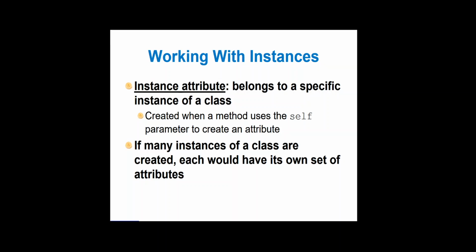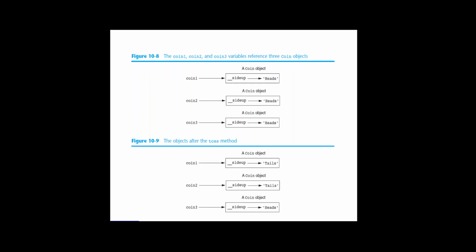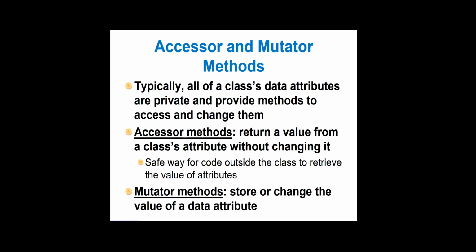Not all students have the same name, and it's impossible for students to have the same enrollment number. So that's why the attributes will be customized based on the instances themselves that we create. You may think about coin also, because we spoke about it. If you create 3 objects, they will have different attributes and they will change based on the application, and that's fine. There will be no problem. It depends on your own implementation of the problem.